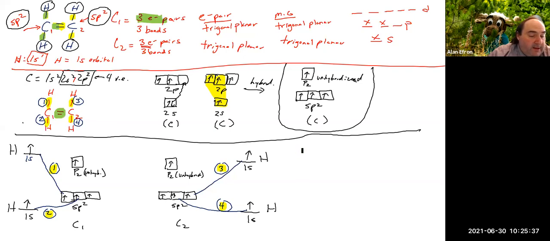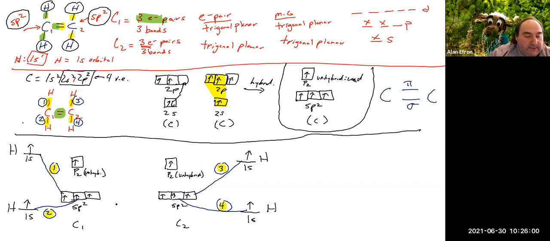What's left are these guys right here: the double bond between the carbon and the carbon. If you remember, we talked about the idea that a double bond, if we blow it up, is really a sigma bond and a pi bond. So where do we get those from?